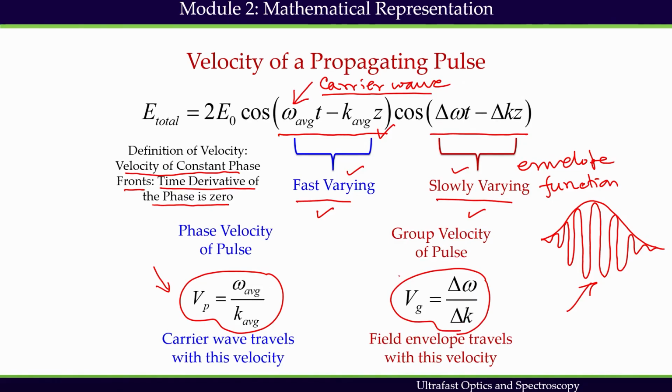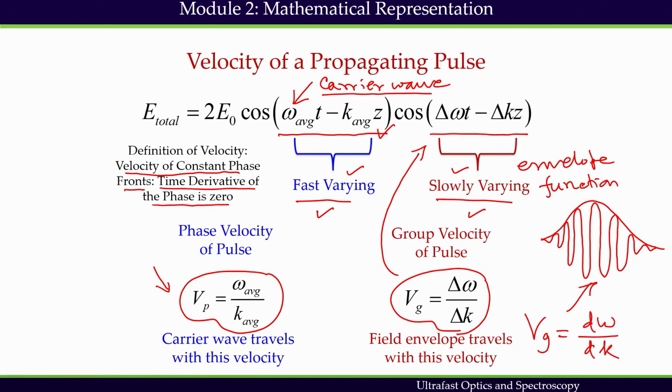Again, we get this expression by taking the time derivative of this phase and making it 0. And if we consider that we have many frequency components, with very small differences in frequency, we can also write Vg equals d omega d k.